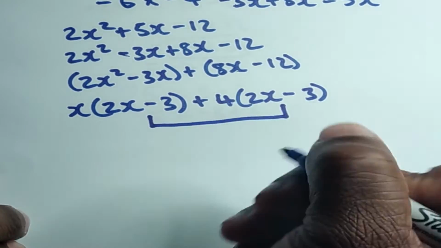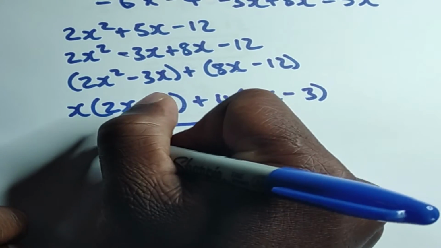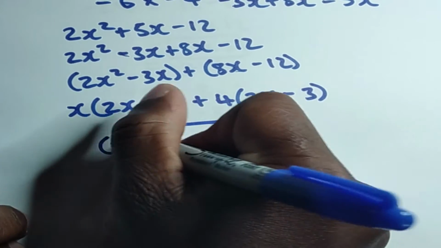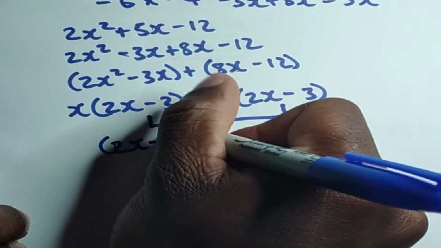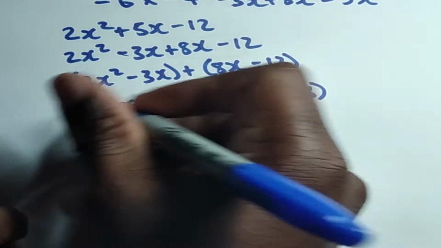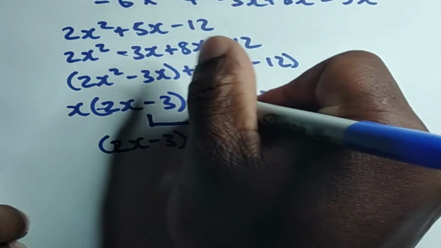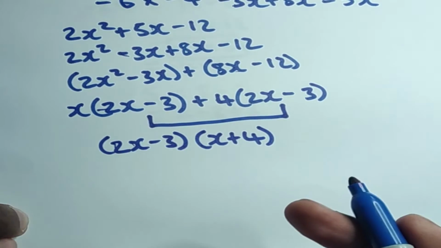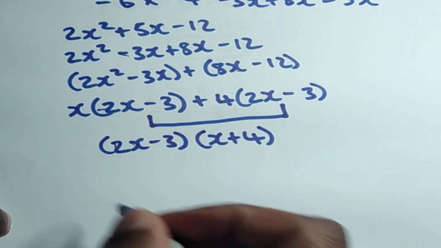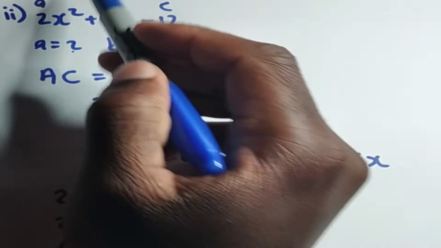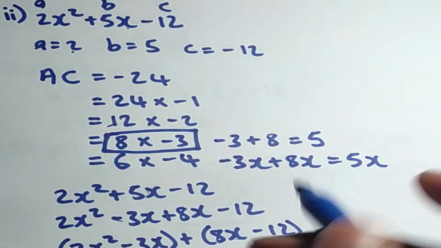Now what we're going to do is write down the common bracket, which is 2x minus 3, and we're also going to put the outside terms in one bracket. So we are going to have the x plus 4 in one bracket. That's pretty much how you factorize 2x squared plus 5x minus 12.